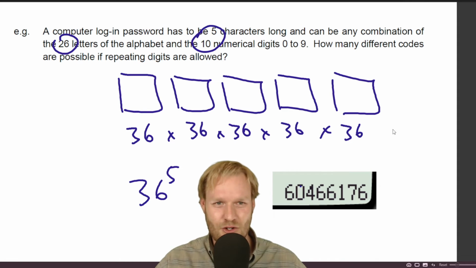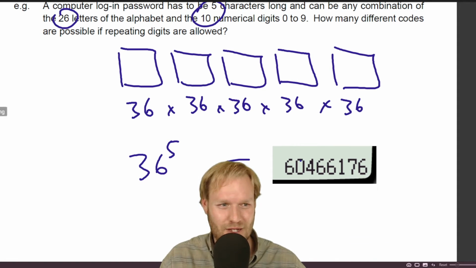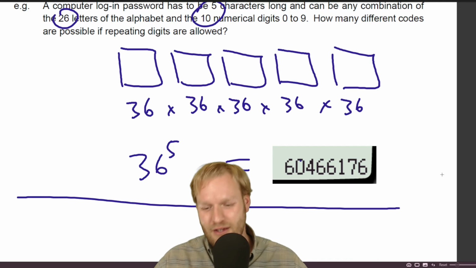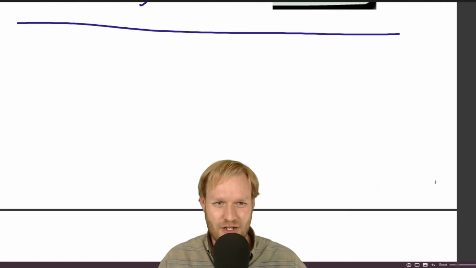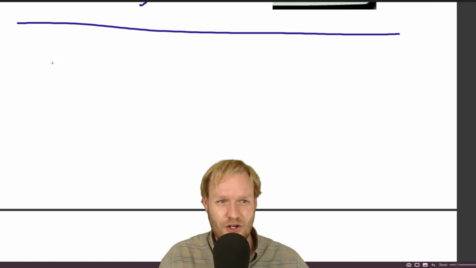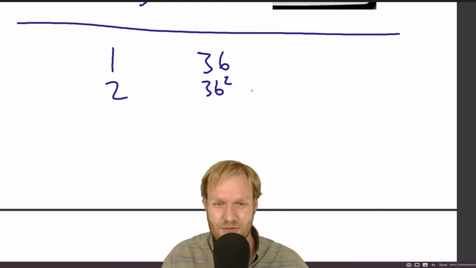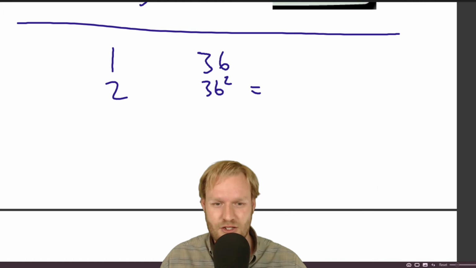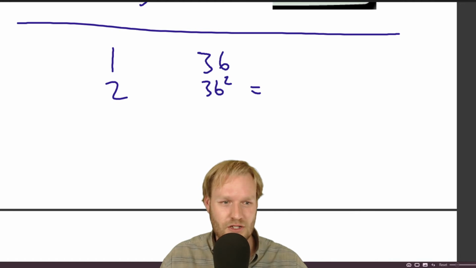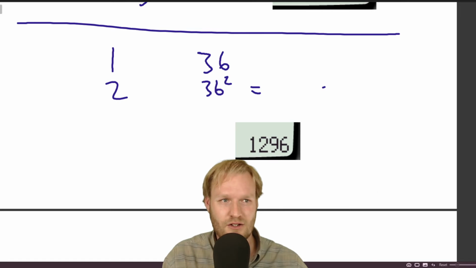Now, just as a quick aside, because I think it is worthwhile just thinking about this. There isn't a question like this here, but let's say that the code only had to be 1 digit long. Then we would have had 36 options. 2 digits long, and we would have 36 times 36, which is 36 squared, which gives us that number over there.